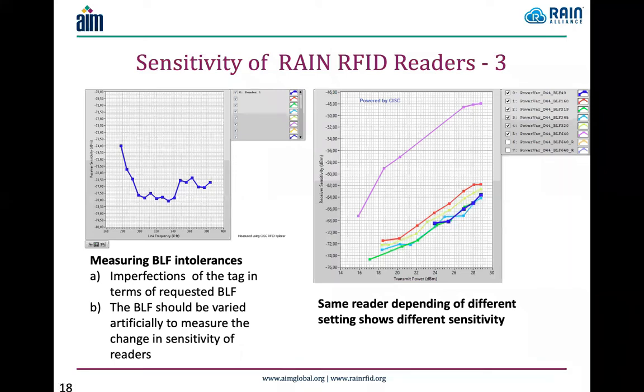So the point to be remembered is that even if the reader has been tested on one single parameter for a system application, depending on the final BLF or the coding that is selected, we need to be aware that there is a variation of sensitivity, and that also needs to be considered in the process of application.